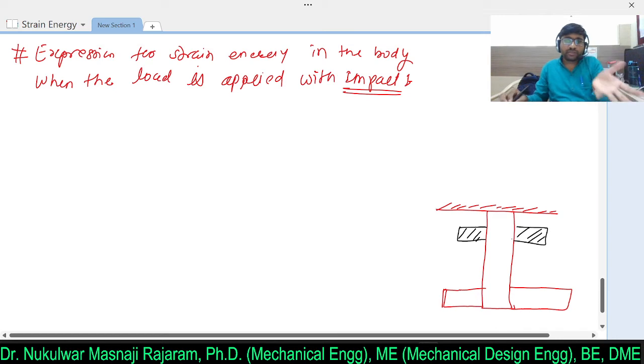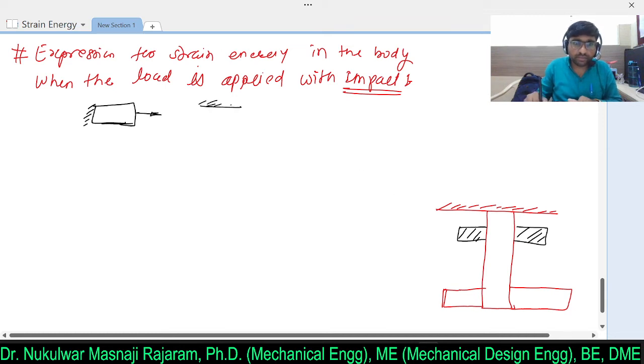Now there is a difference between impact and suddenly applied load. In suddenly applied load, if you observe, there was no height. Clear. So this was the case, or in this expression if I consider a vertical bar, then I can say this bar is there and at this end we applied a sudden load.